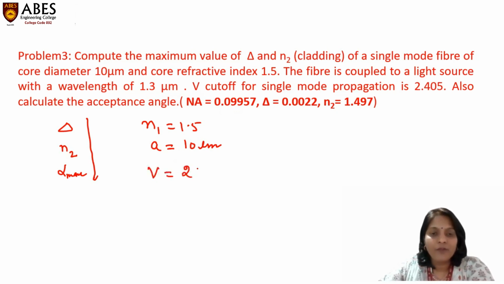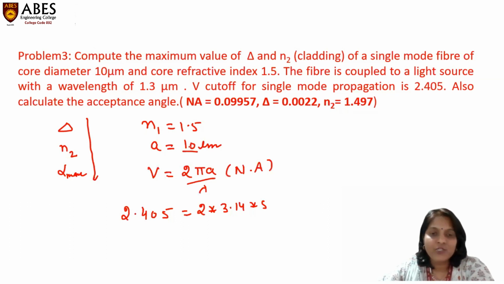We know the formula for the V number: 2 pi a upon lambda into the numerical aperture. So V is 2.405, pi is 3.14, and a is the radius. The diameter is 10 micrometer, so the radius will be 5 micrometer, and the wavelength is 1.3 micrometer. No need to change the units of radius and wavelength because both are in micrometer.